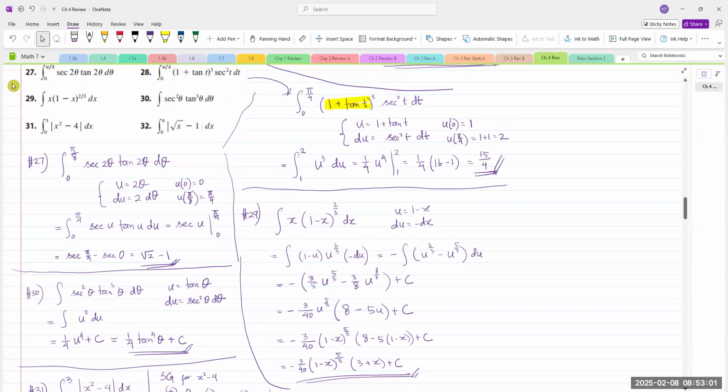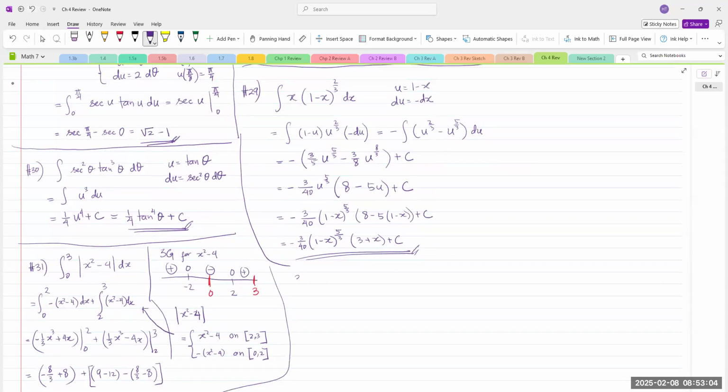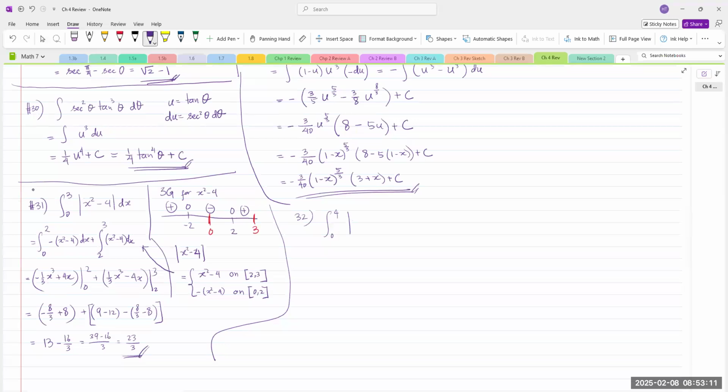Integral number 32. Integral from 0 to 4 of the absolute value of square root of x minus 1 dx. Now the sign graph on square root of x minus 1: I think the critical number is at 1, right? When x is greater than 1 it is positive, when x is less than 1 it is negative, but the boundary is still at 0.